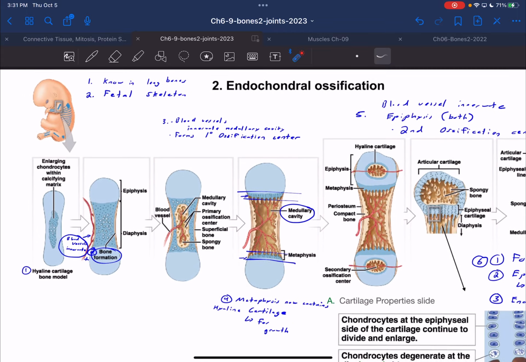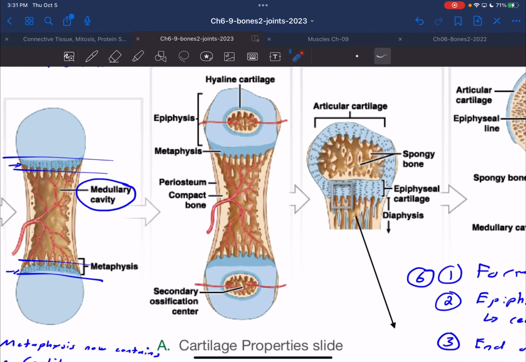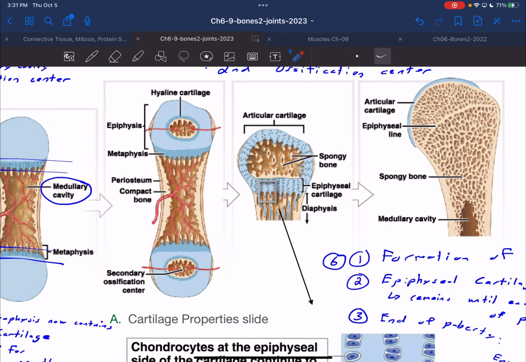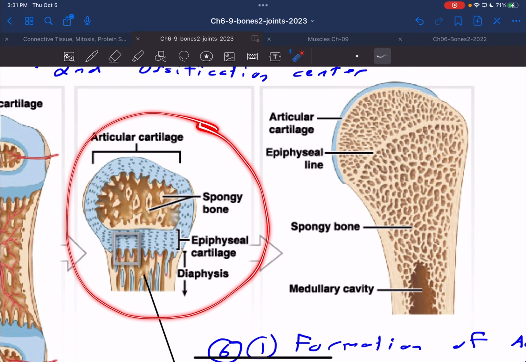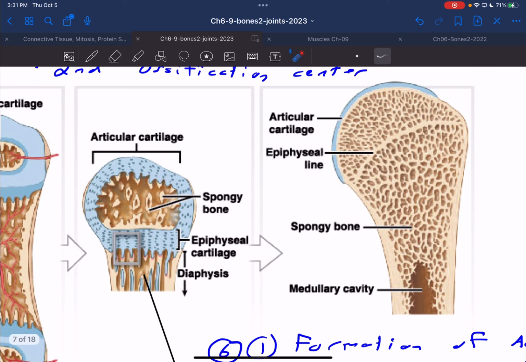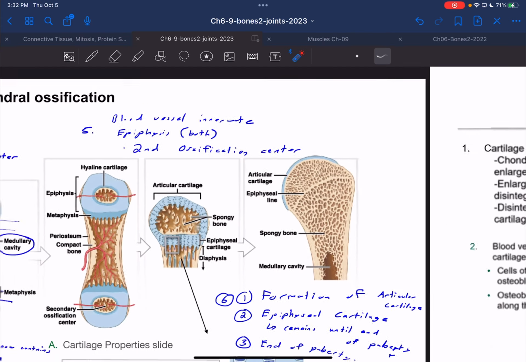Recollect that this overall process we talked about, these 3 steps, is a transition from infancy, or actually let's do these 2 steps. This is what it looks like growing up. And when does it look like this? Adulthood, or at the end of puberty, where this is no longer cartilage allowing for growth. And so the bones are a little weaker at some points because of this, and there are fractures named after that.